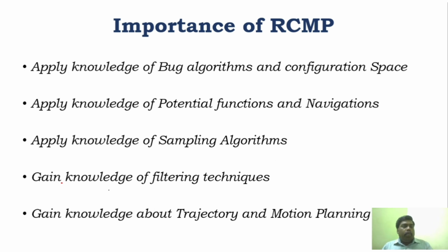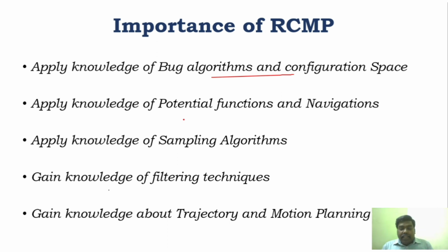By the end of this subject, you will have immense knowledge about bug algorithms, configuration space, potential functions, sampling algorithms, filtering techniques, and trajectory, the motion, how it moves. Everything you will study in this subject. Only for these 5 points you are studying this subject.